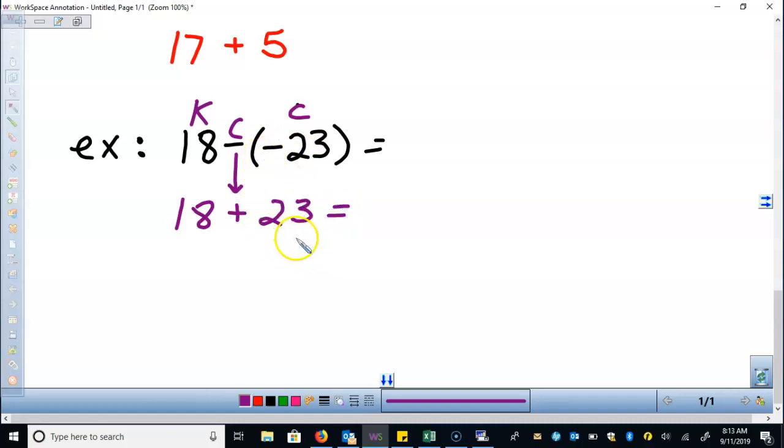All right, this actually looks like a nice problem. Same or different? Same, and we know how to add positive numbers, right? Because we end up with a positive answer. So 18 plus 23. 41 is our answer.